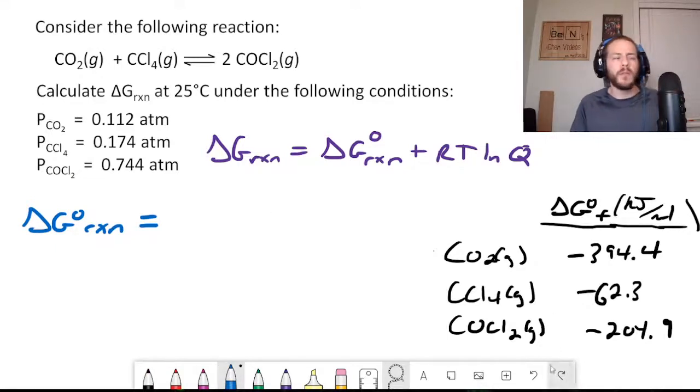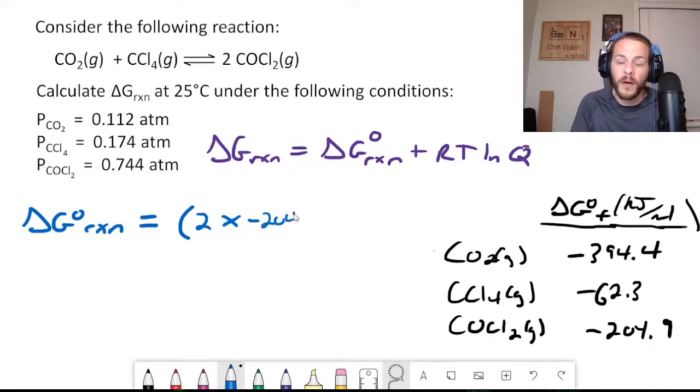Remember, the formula for finding the standard free energy change for a reaction using tabulated standard free energies of formation is the sum of the free energies of formation of the products minus the sum for the reactants, everything multiplied by its stoichiometric coefficient. The coefficient in front of phosgene is 2, so that's 2 times the standard free energy of formation of phosgene, minus 204.9 kilojoules per mole.